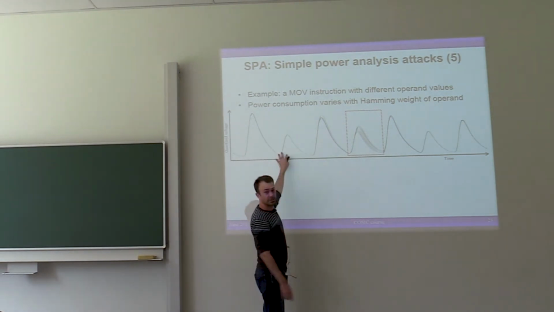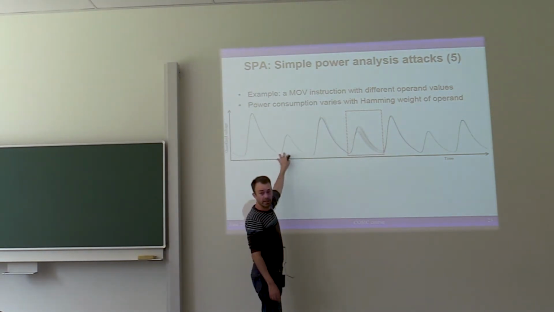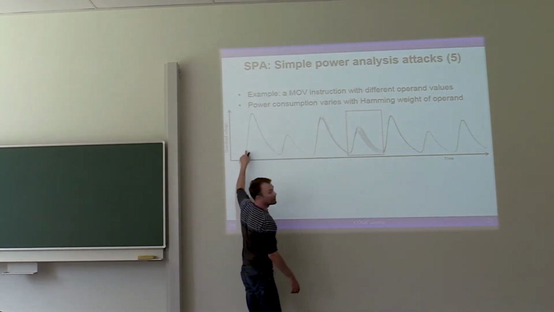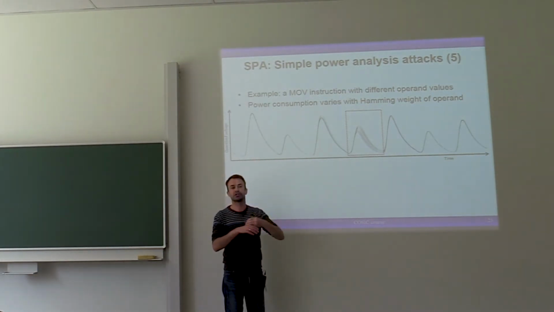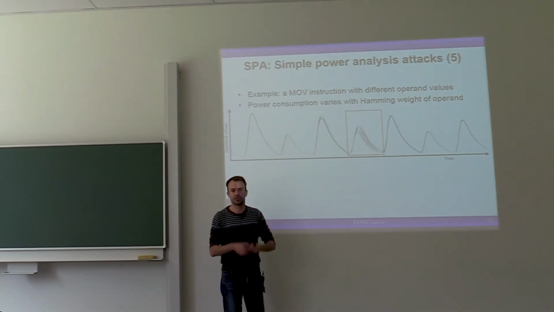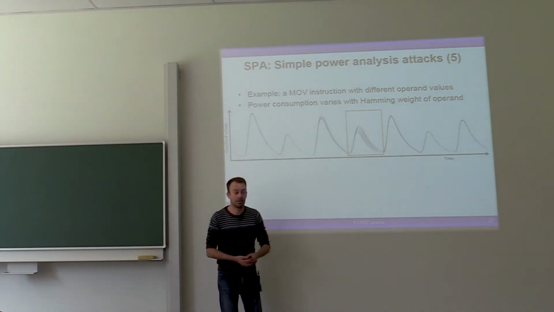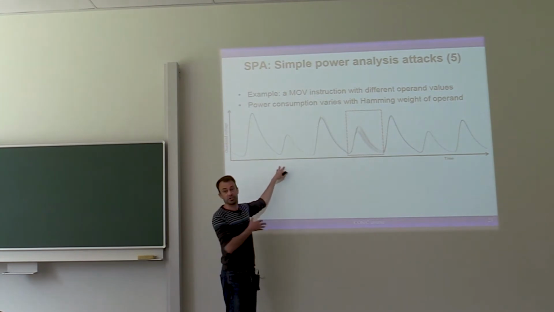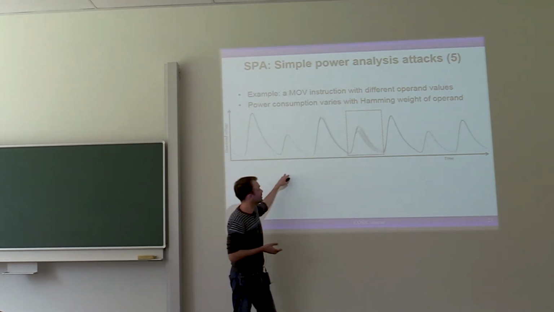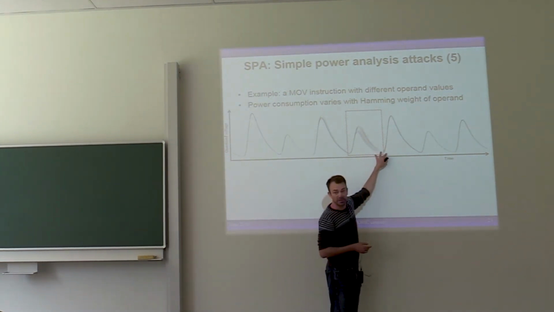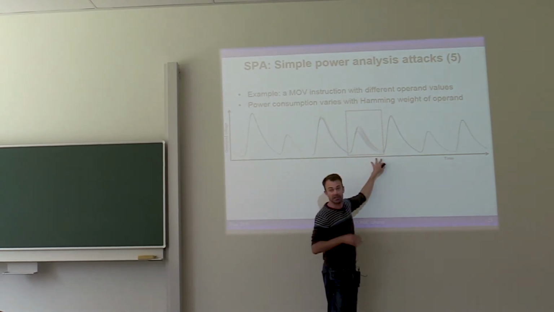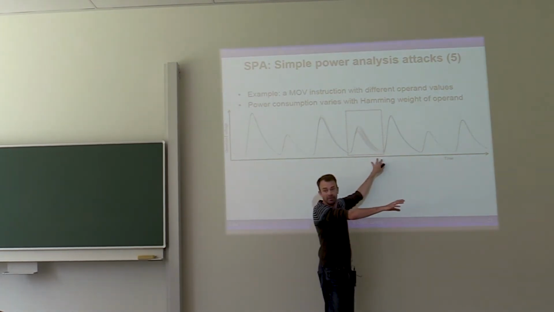So there are about 10 measurements in this picture, all plotted on top of each other. But here you see only one line, meaning that these 10 lines are actually lying on top of each other. So the power consumption is always the same, because it's always doing the same thing. The instruction is just nop, do nothing. This is the only cycle where something happens, where we say take data from here and bring it over there.